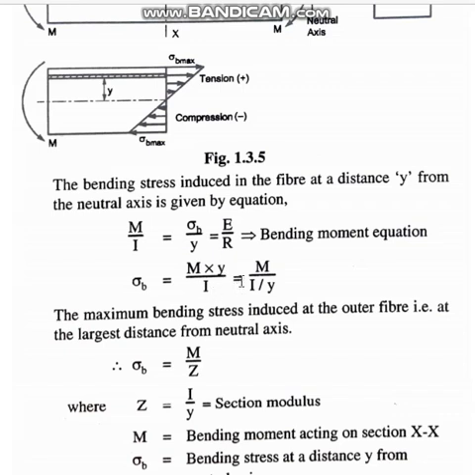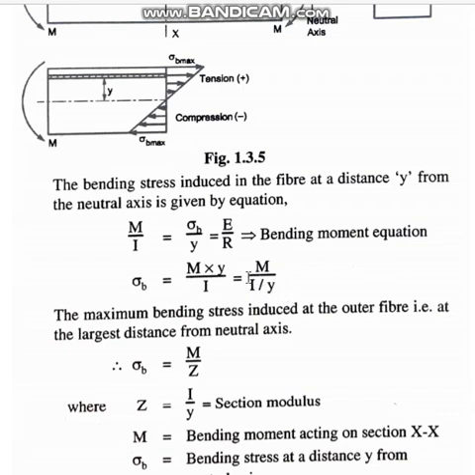Otherwise, it can be written as M upon I by Y, where M is the bending moment, I is the moment of inertia, and Y is the distance of the extreme fiber from the neutral axis.